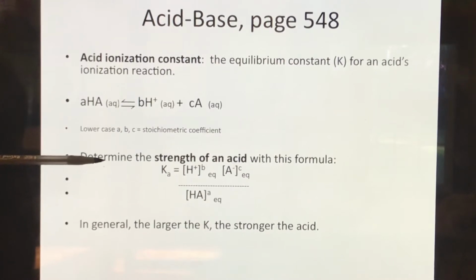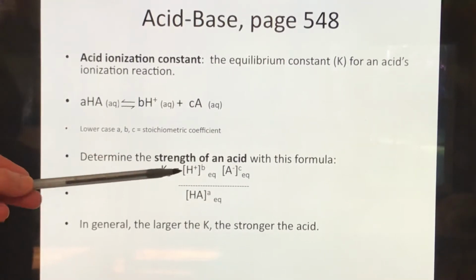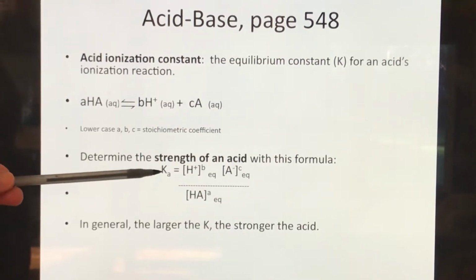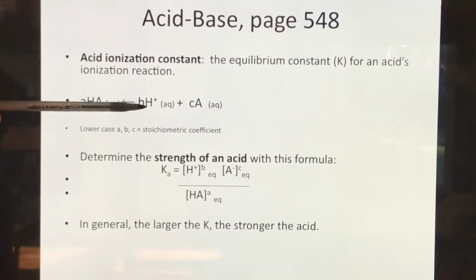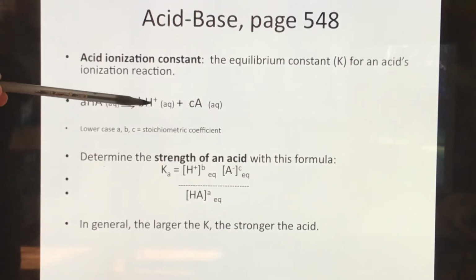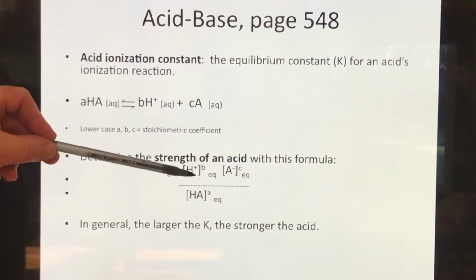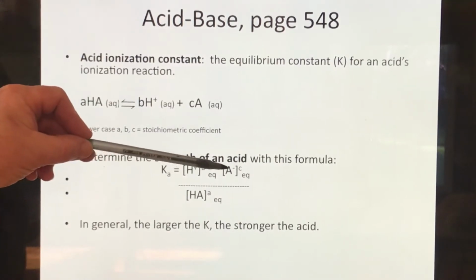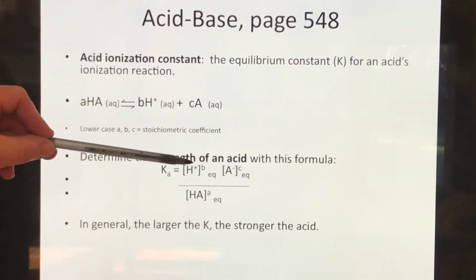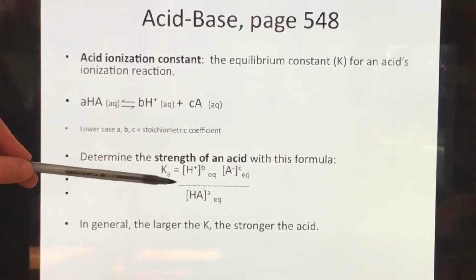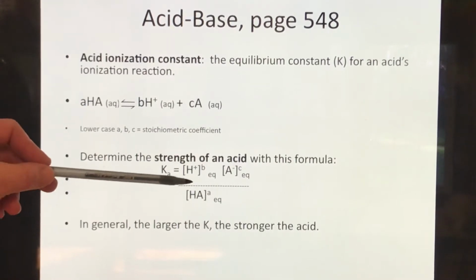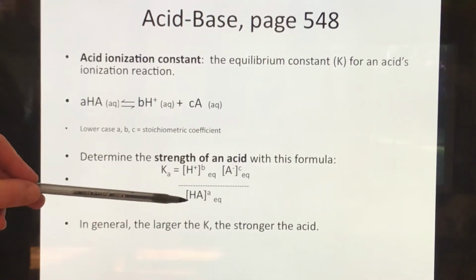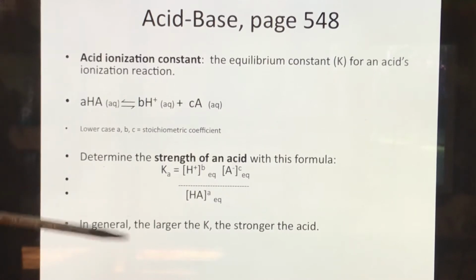Now, we determine the strength of an acid with this formula. It's very similar, obviously, to the K formulas that you worked with earlier in the module. And so you're basically looking at these products of the dissociation, their concentrations, raised to a certain power, and then it's divided by the concentration of the original acid, also raised to a certain power.